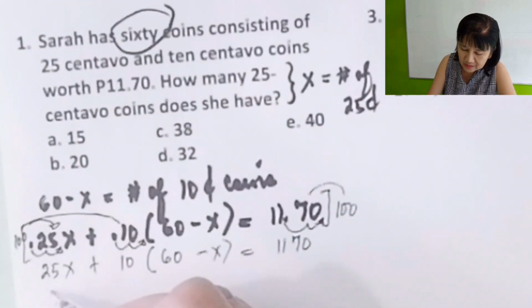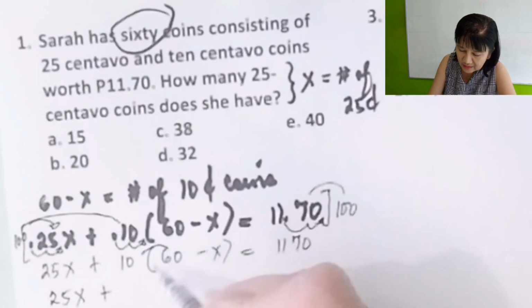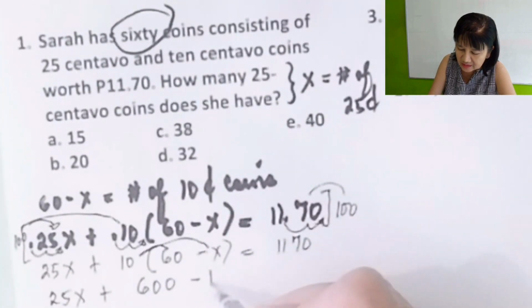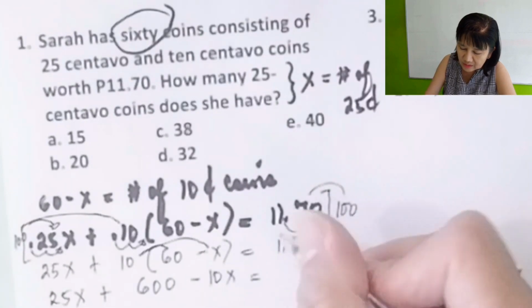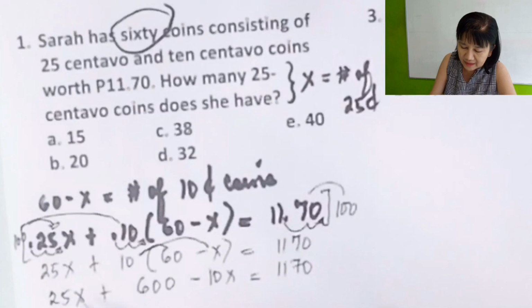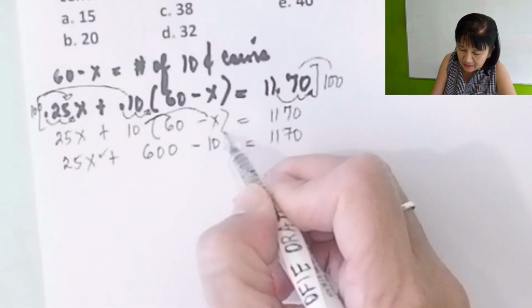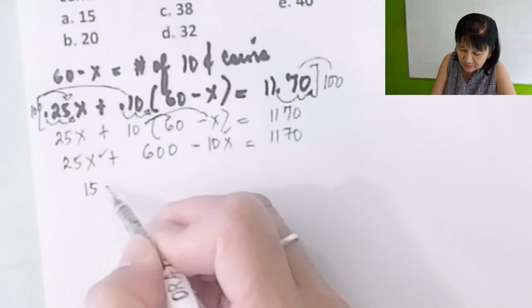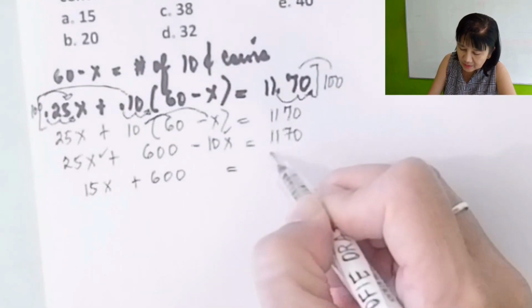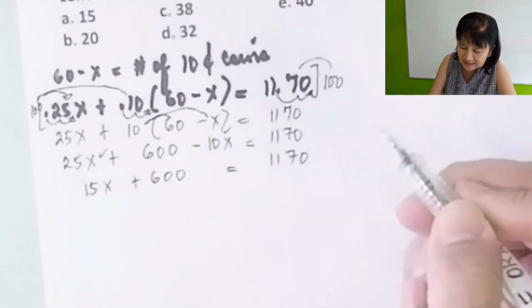So now let's simplify. 25X plus 10 times 60 is 600 minus 10 times X is 10X equals 1,170. Combine the X's, so we have 25X minus 10X is 15X plus 600 equals 1,170.